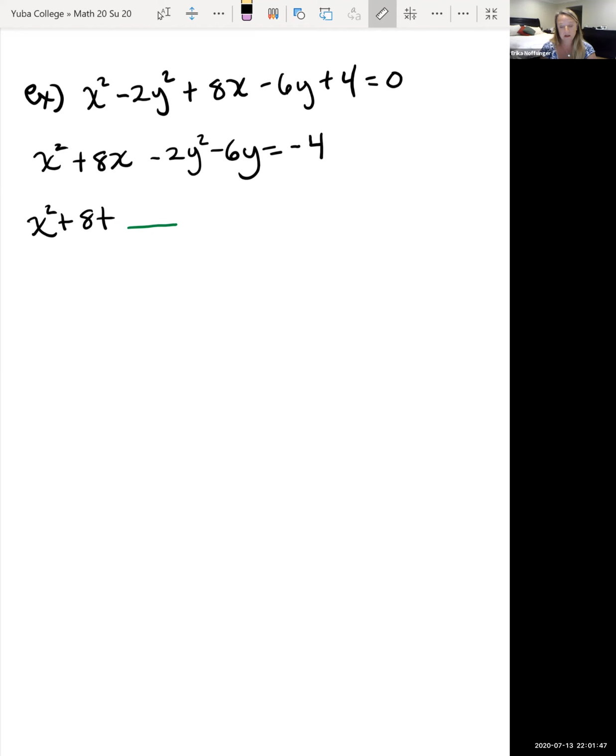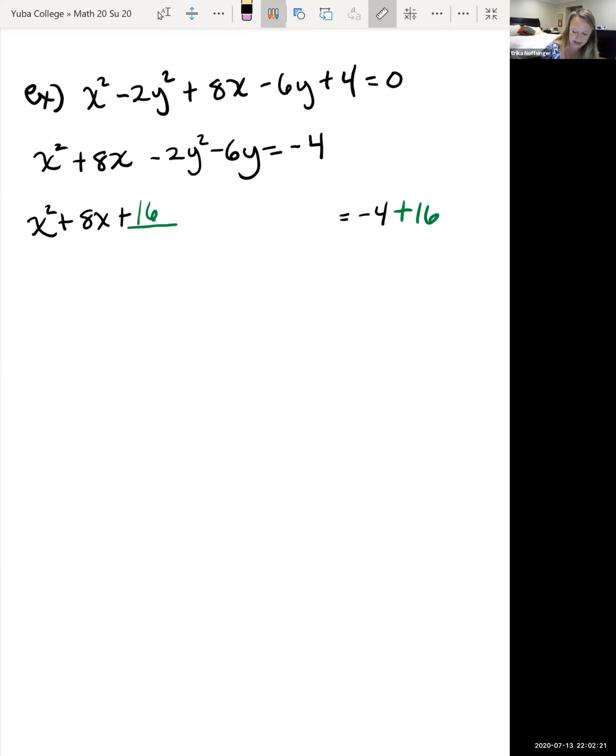The same number that adds to give us 4 we need to multiply to get the c value. So 4 times 4 is 16. But if we add 16 on the left-hand side, we have to add 16 on the right-hand side.